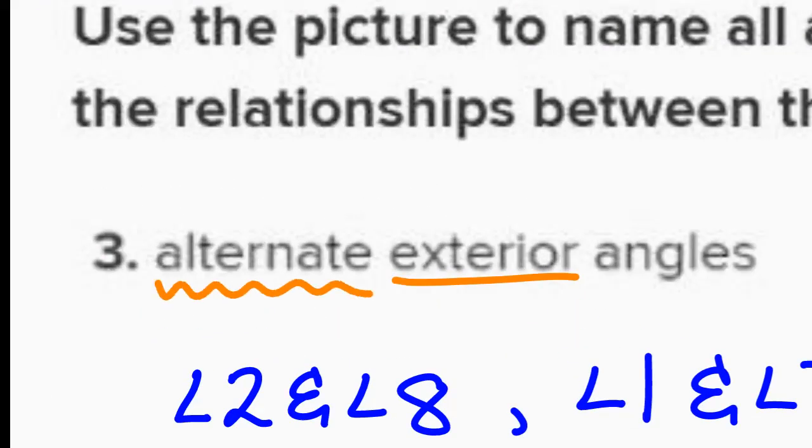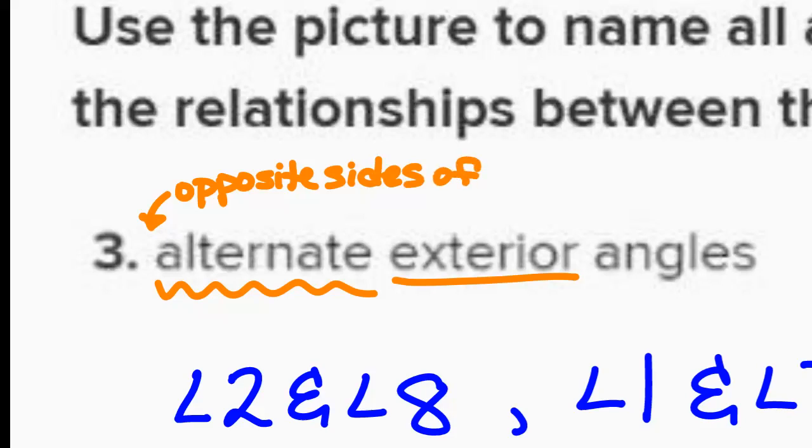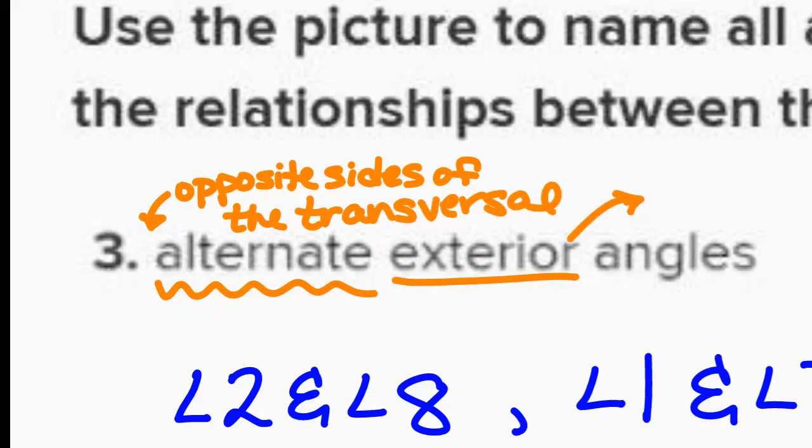That alternate part means opposite sides of the transversal. And the exterior part means not in between the two lines.